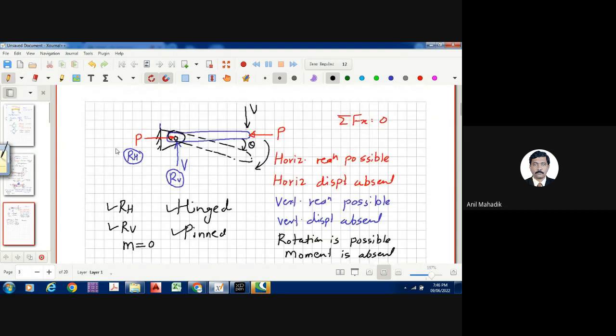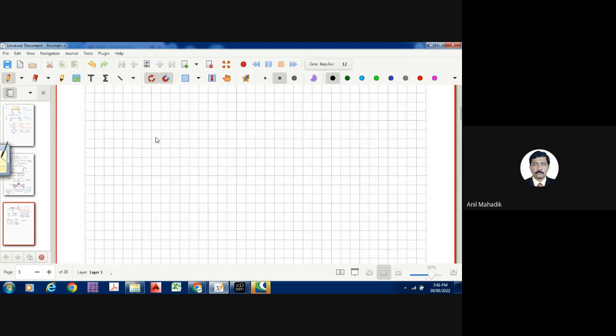Now let's go. We have seen roller support, hinge support. Now let's go to the fixed supports. So fixed support. Okay, let's do one thing. Let's say I have one beam.